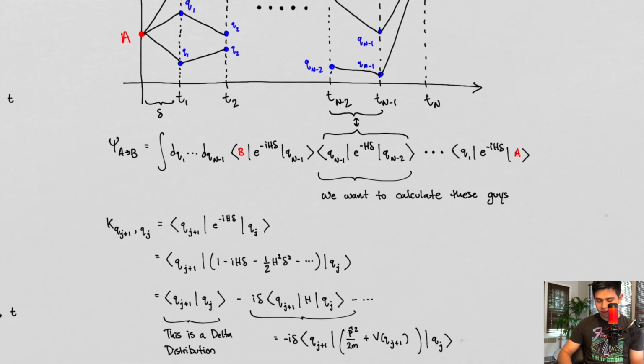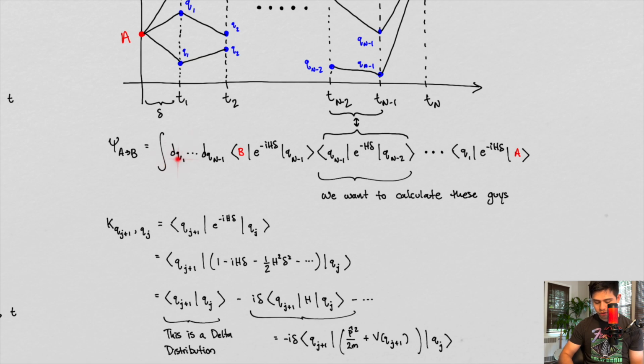Mathematically, we do the exact same thing. We're going from A by means of the Hamiltonian to Q1, and this delta now is the difference between each time interval. Then we go from Q2 to Qn minus 1, and from Qn minus 1 to our final state, which is B. And we're summing over all Q1s to Qn minus 1.